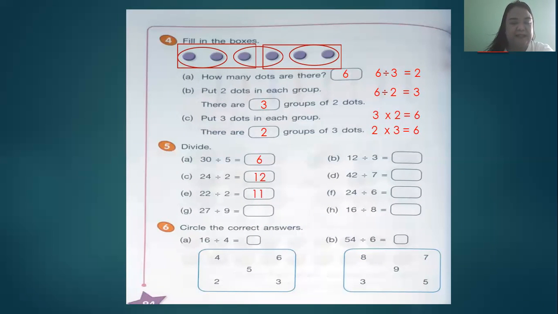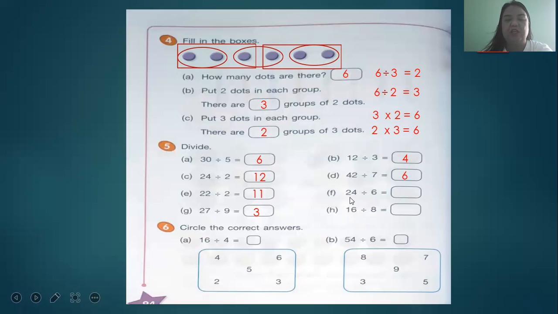Next, 27 divided by 9? Or what number you can multiply by 9 to get 27? Great. 3. Next, 12 divided by 3 is equal to how many? Very good. Or 4 times 3 is equal to 12. Next, 42 divided by 7 is equal to? Great. 6. Or 6 times 7 is equal to 42.